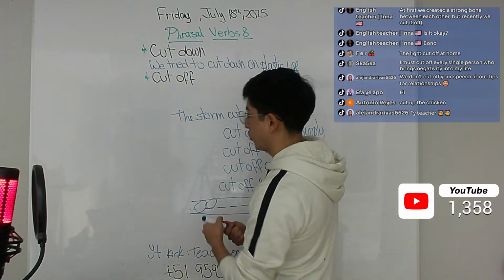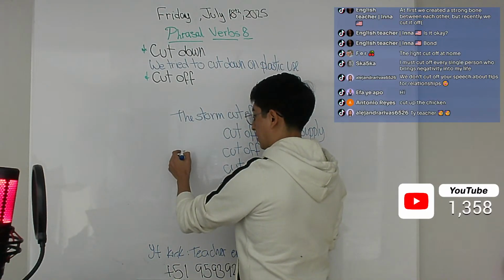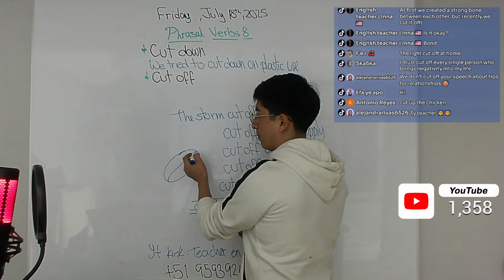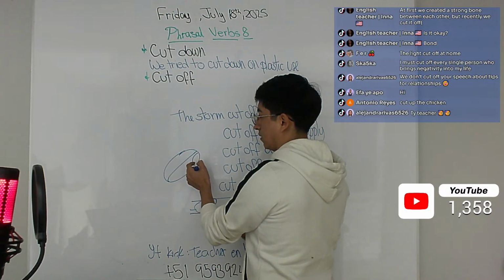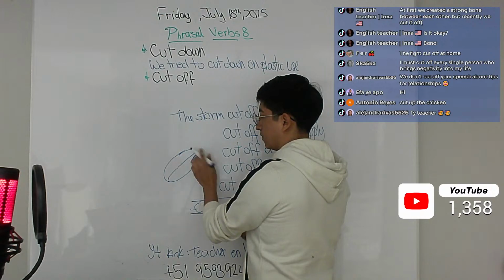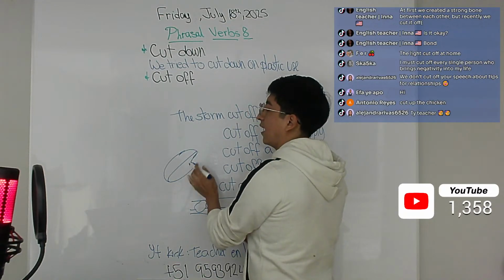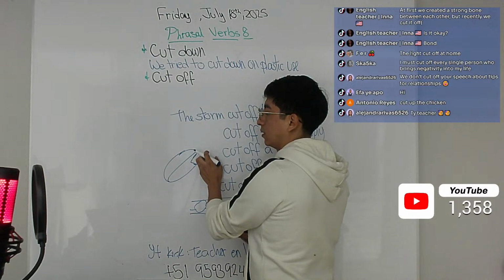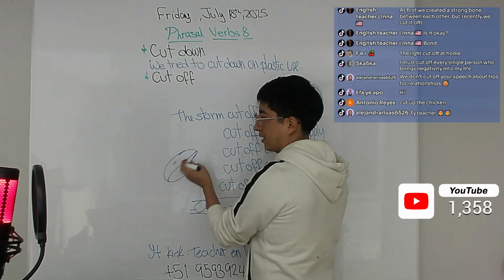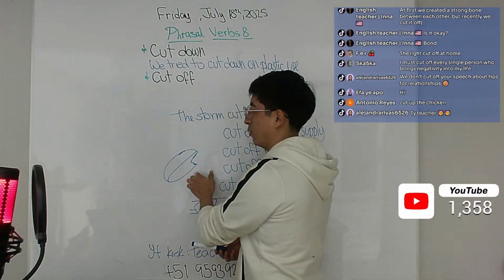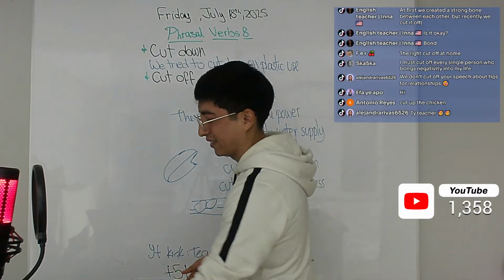Imagine this is bread, and you cut off maybe a piece, like this. You can say he cut off a small piece of the bread. In that case, yes, cut off. But it is not very common to do this with bread. We don't use that for bread.